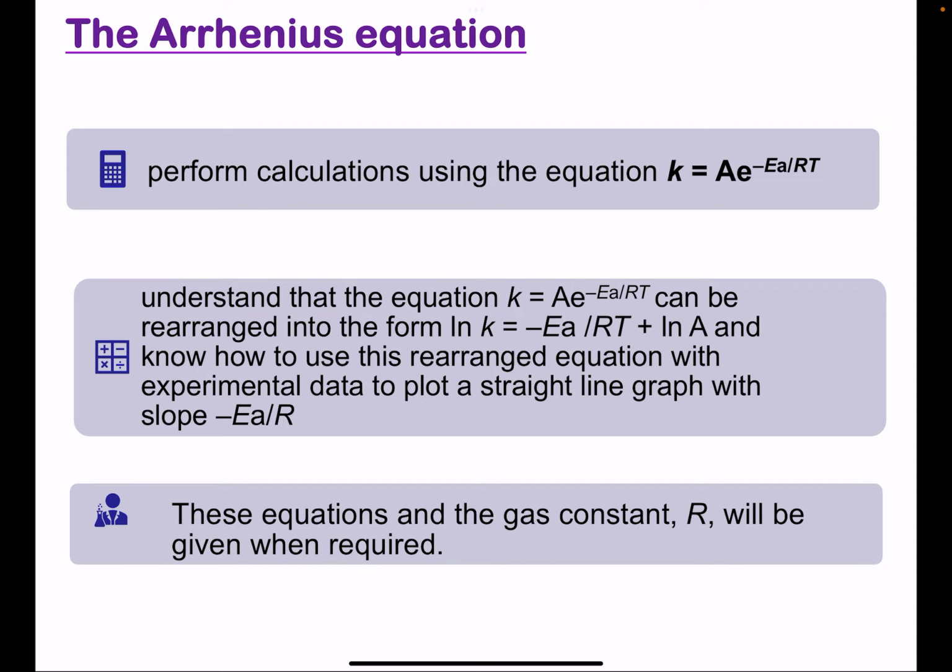The main learning objectives are performing calculations using the Arrhenius equation, explaining what this is, and understanding that the equation can be rearranged into this form. I'll go over all of this next in this short presentation.